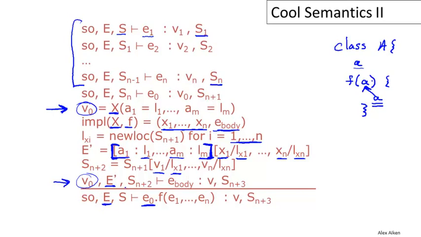And finally, all of this is done in the store that reflects all the side effects performed by evaluating the arguments, by evaluating E0, and by extending the store with locations for the actual parameters. So we evaluate the body of the method, we get back a value and another updated store, and that value and store are the result of the entire execution of the dynamic dispatch.